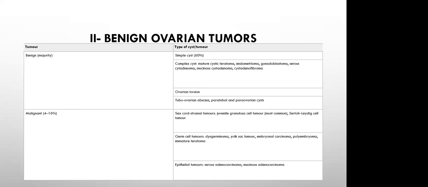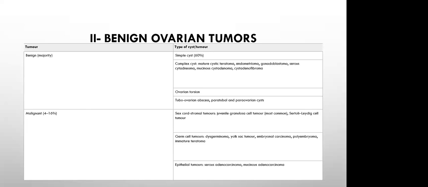The sex-cord and germ cell tumors are more common in adolescence and definitely less common in pre and postmenopausal women, while epithelial tumors are 90% of ovarian lesions in pre and postmenopausal women, not less than 25% in young age patients.